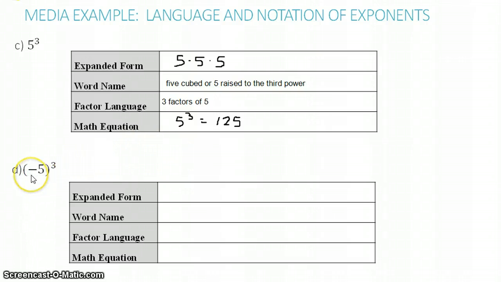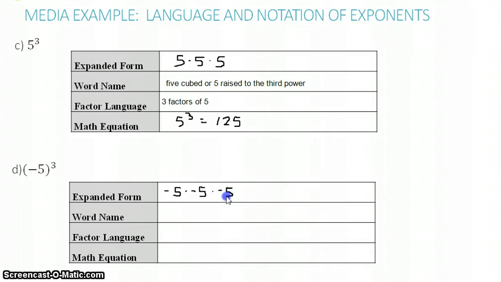Let's look at the next example. This is negative 5 raised to the third power. Now notice the negative is inside parentheses, so this exponent is applying to the negative 5. We're not thinking of this as the opposite of 5 cubed. So in expanded form, we would write negative 5 multiplied by itself 3 times. 3 factors of negative 5.